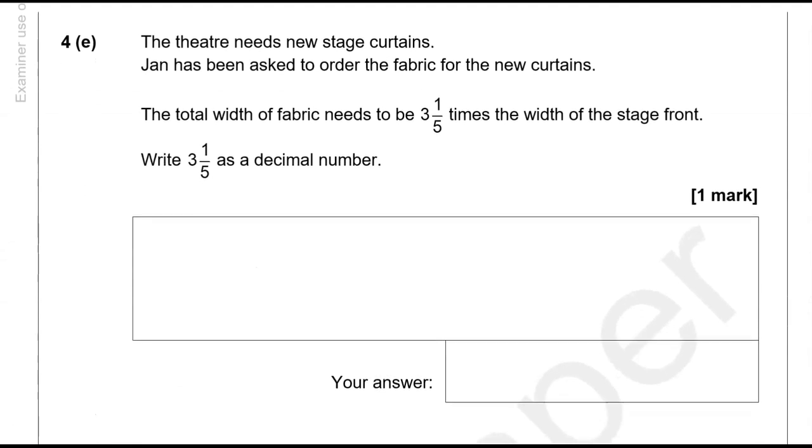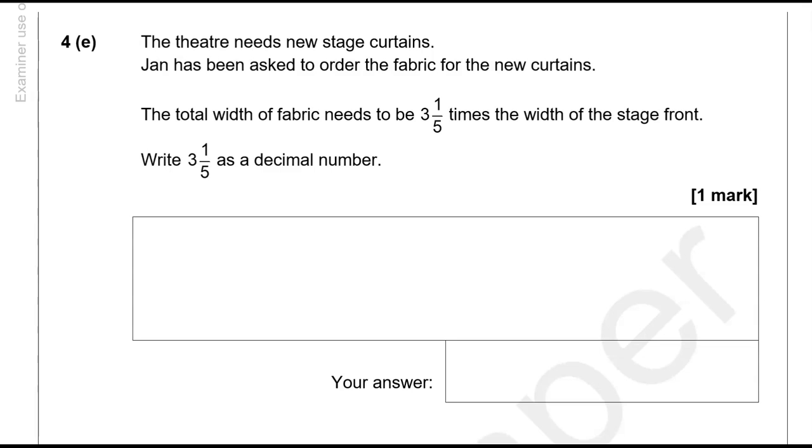The theatre needs new stage curtains. Jan has been asked to order the fabric for the new curtains. The total width of fabric needs to be 3 1/5 times the width of the stage front. Write 3 1/5 as a decimal number.